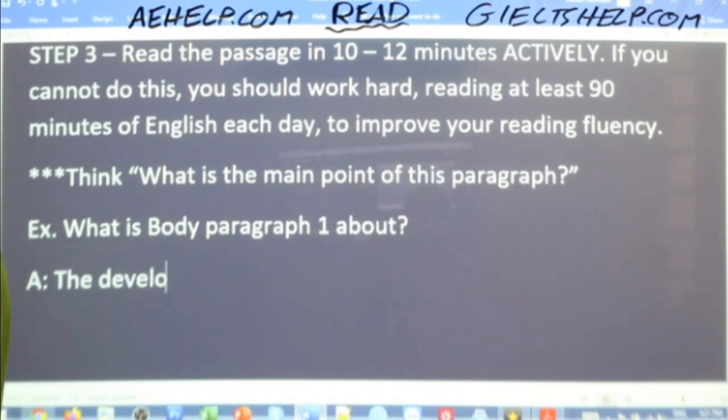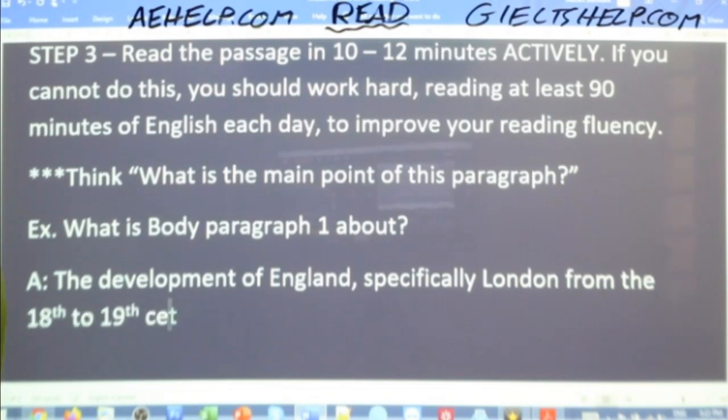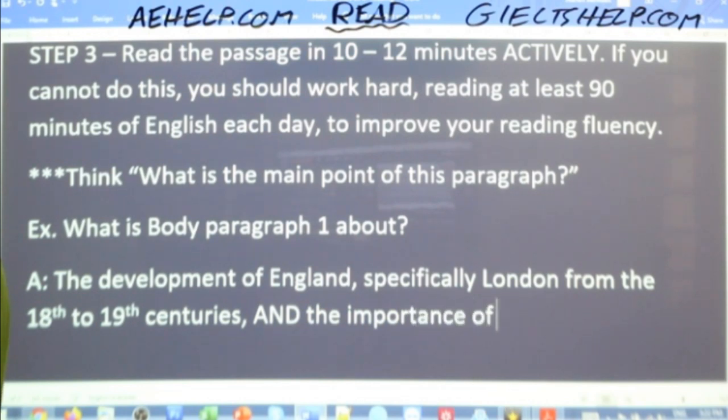The development of England, specifically London, from the 18th to 19th centuries, and the importance of the tube in this process.